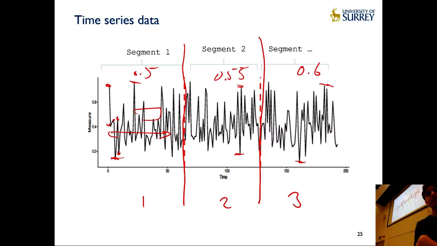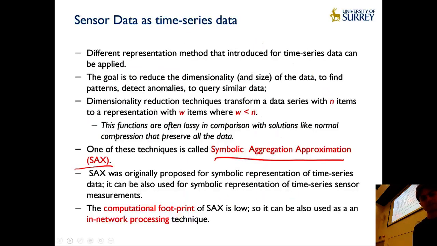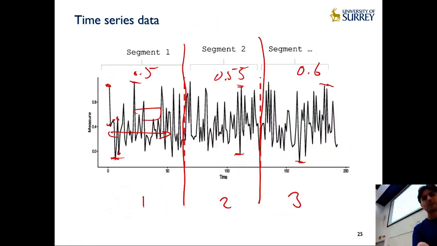Then if I go back to here, imagine this will become your segment. Within this segment, let's say I'm using 4 frames, and each frame will have whatever the number of values is. For each of them, I will take the average, so I will have average 1 here, and so on, like PAA.